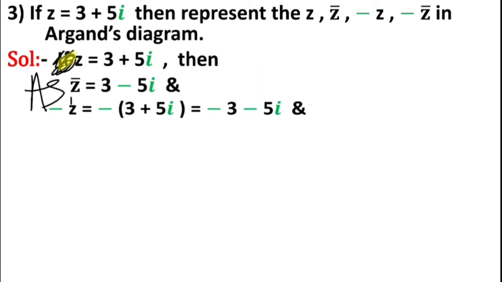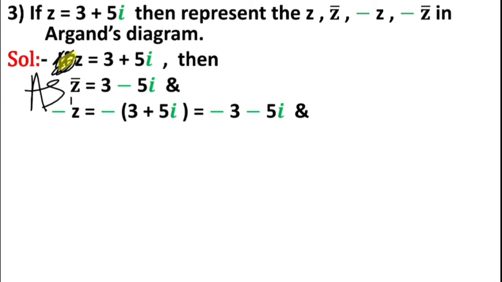Minus z is equal to minus into bracket 3 plus 5i, just open the bracket, minus 3 minus 5i. And minus z bar is equal to minus into bracket 3 minus 5i, just open it, that is nothing but minus 3 plus 5i.